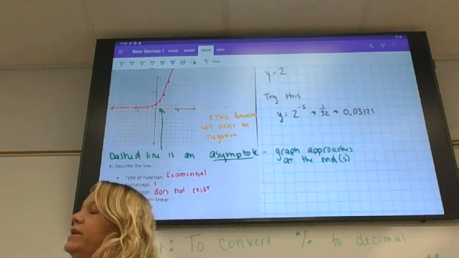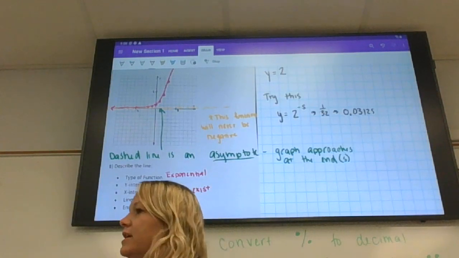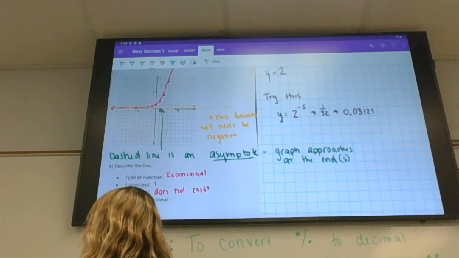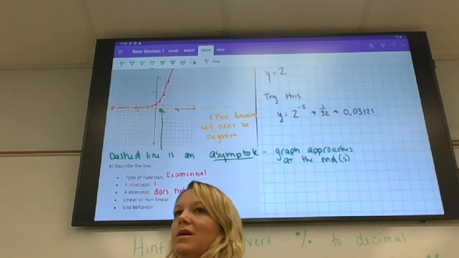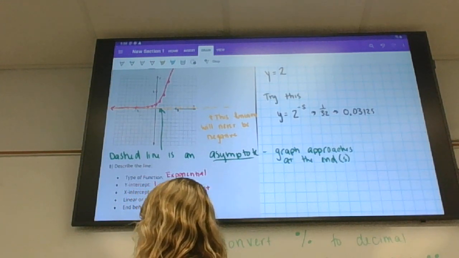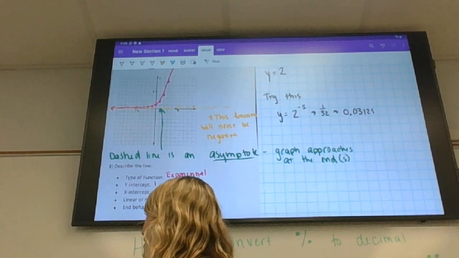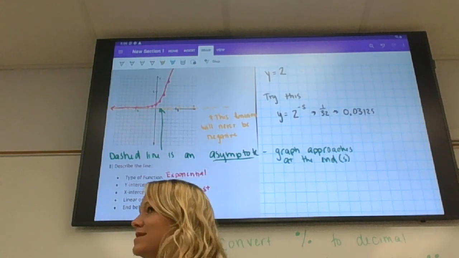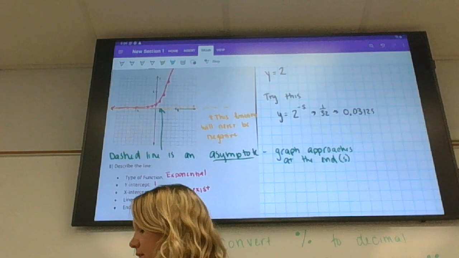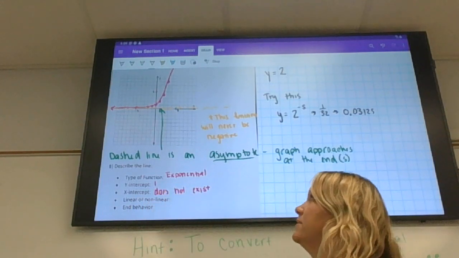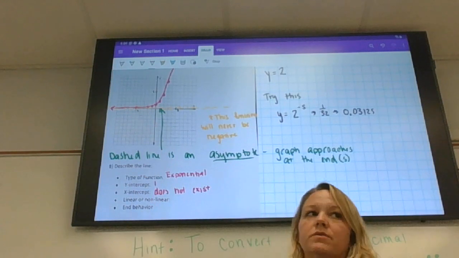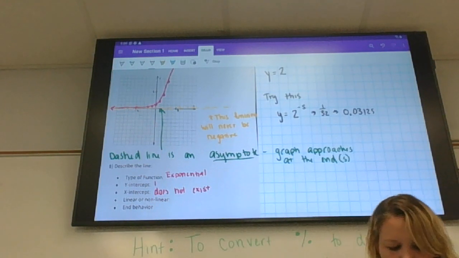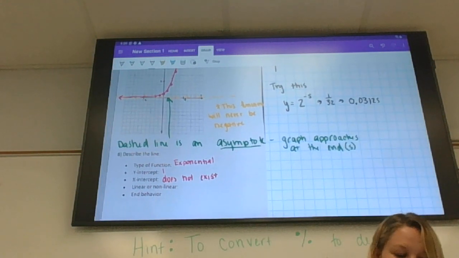So if y will never be 0, then it's never going to have an x-intercept. Because if I put a 0 in here, I get a 1 out. And if I put a negative number in here, I get a decimal out. It's impossible to create 0. So it's impossible for this line to go through the x-axis because the line will never perfectly equal 0. So the x-intercept does not exist.